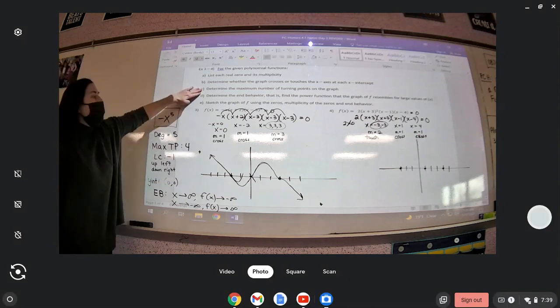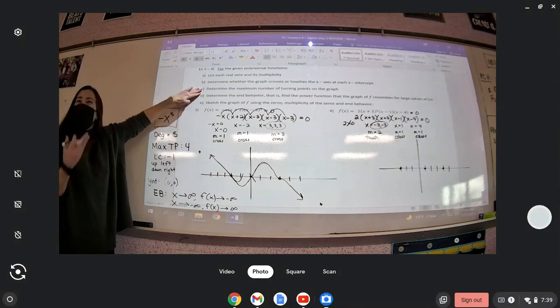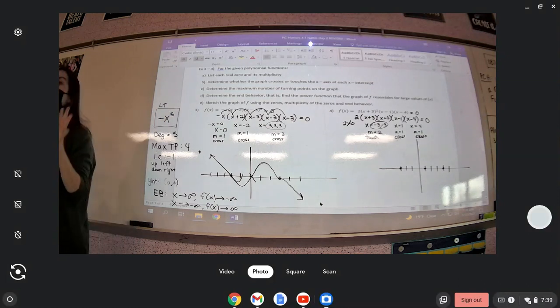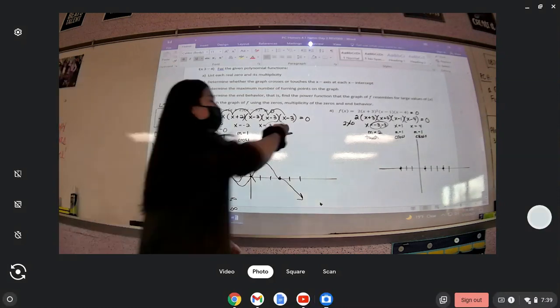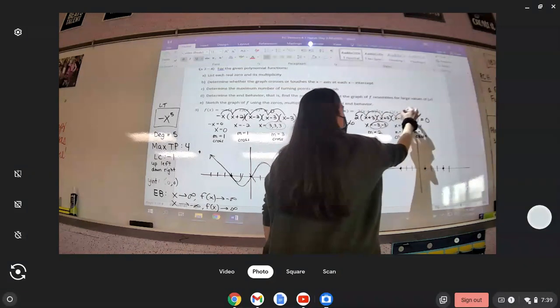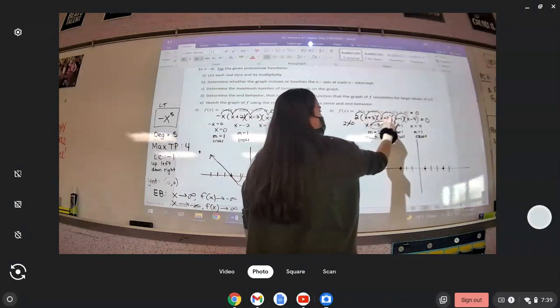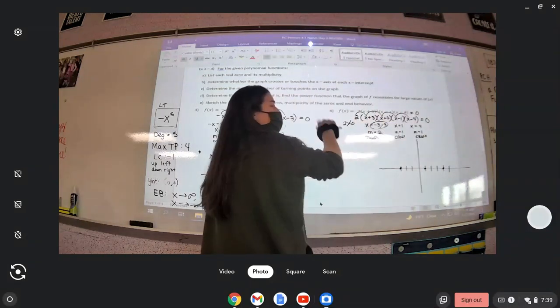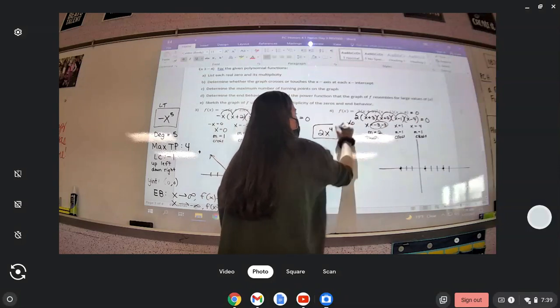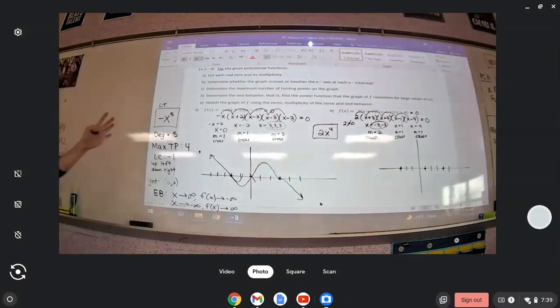All right. Then they want the max number of turning points, which again, you need your degree. So let's go get that leading power function that the end behavior will be dictated by. So guys, distribute your fronts. 2 times x times x times x times x is going to be 2x to the fourth. That is the leading power function that the entire end behavior of the graph will be based off of.